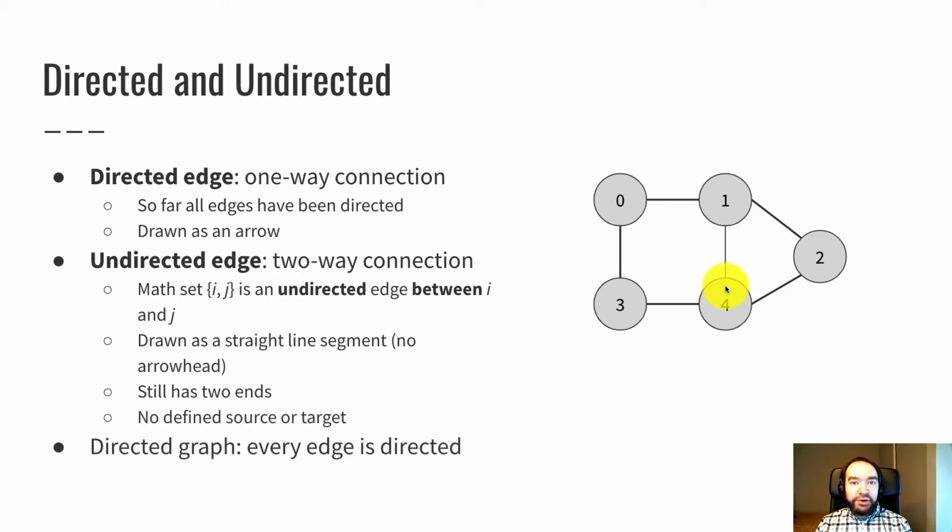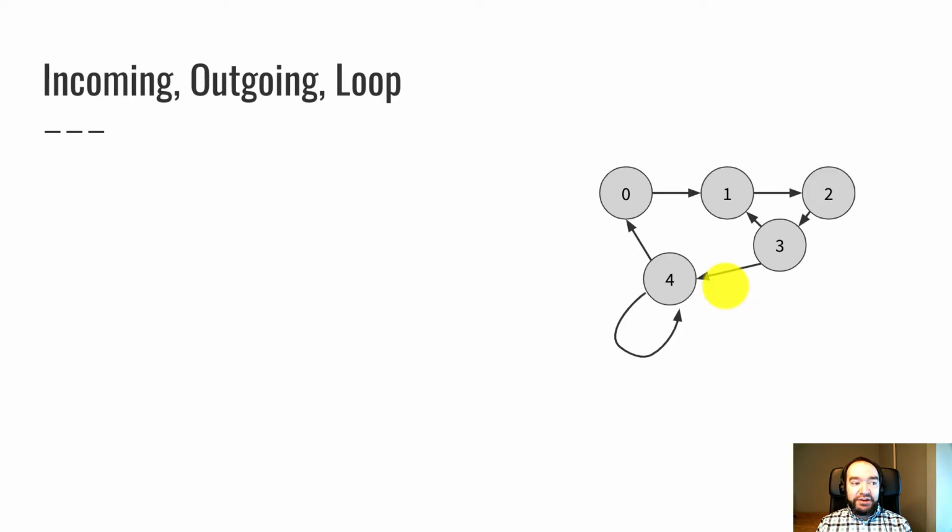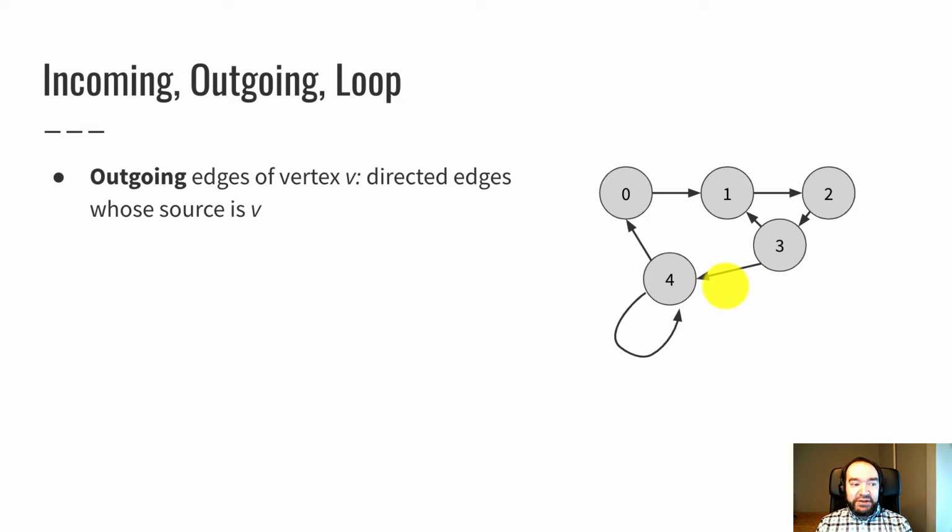And we can use this word directed or undirected as an adjective on the whole graph. A directed graph is a graph where every edge is directed, and an undirected graph is a graph where every edge is undirected.